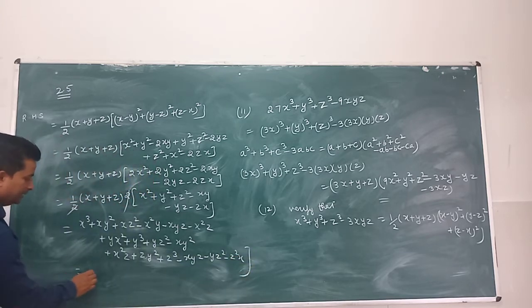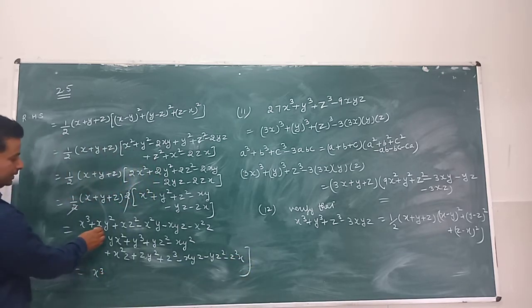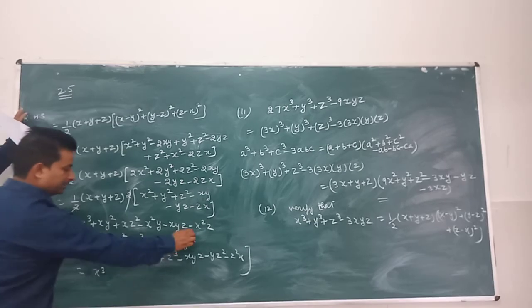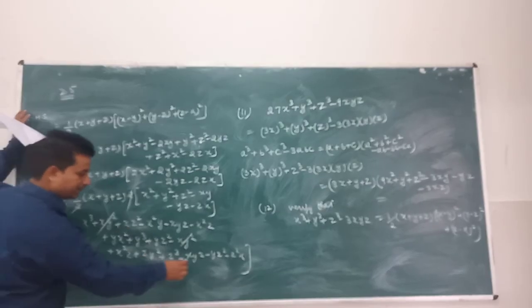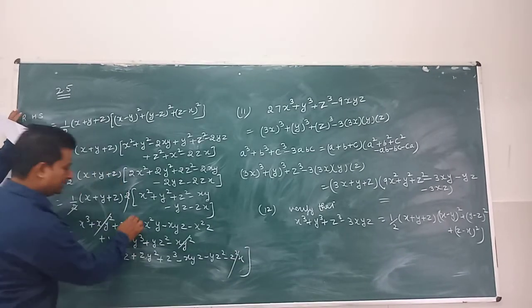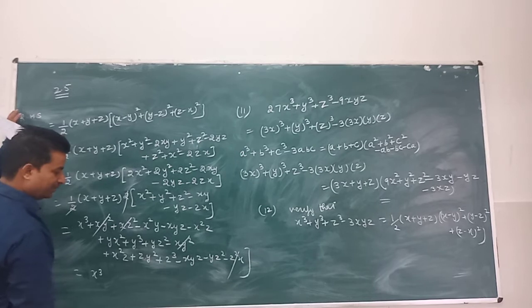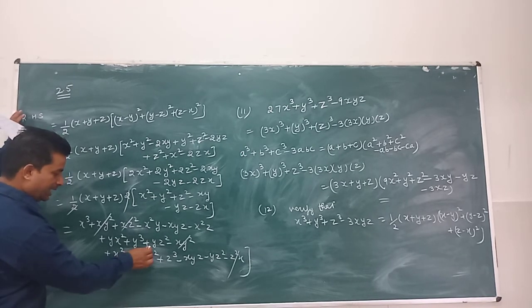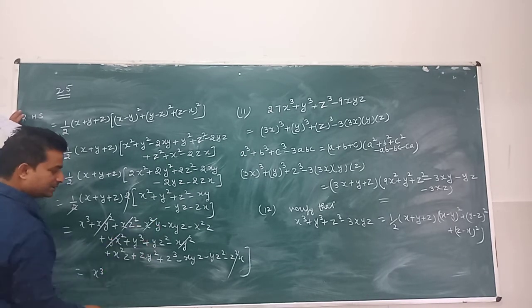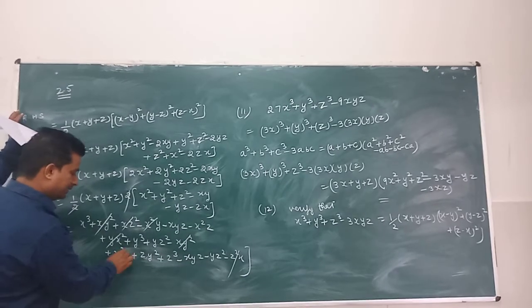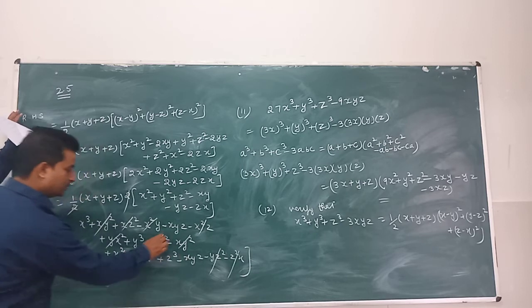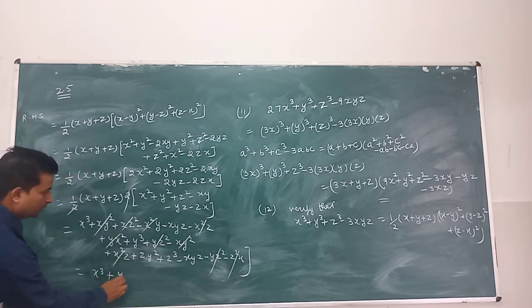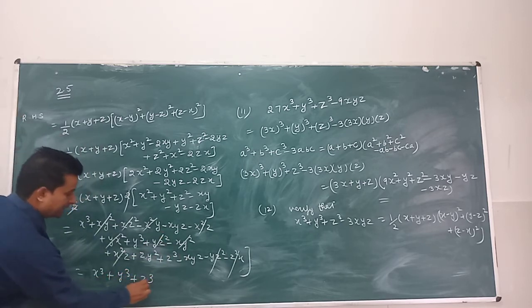So in this, x square y cancels out, xy square cancels out, xz square cancels out, x square z cancels out, yz square cancels out. So this is x cube plus y cube plus z cube.